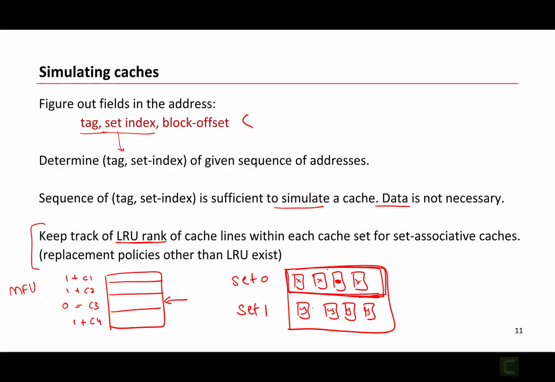Why not replace one of these really old cache blocks in set 1? Well, you can't do that, because in the case of a set associative cache, for any cache block you only have the option to store it within one of the 4 cache lines within the set where it can be stored. So LRU across the sets doesn't make sense. You need to implement the LRU policy within a cache set.